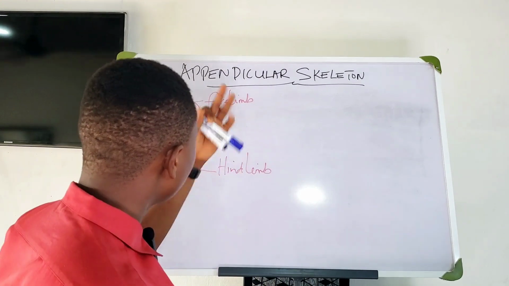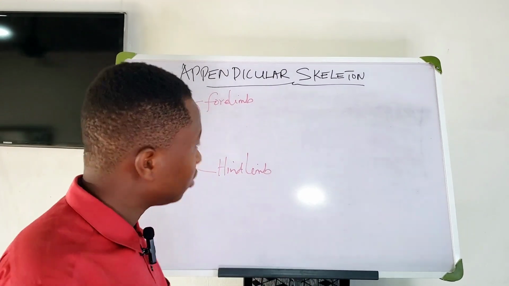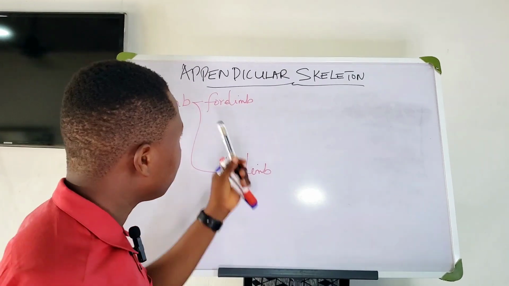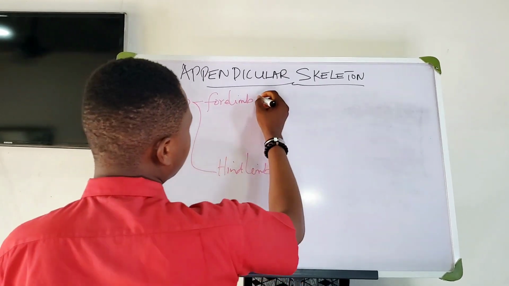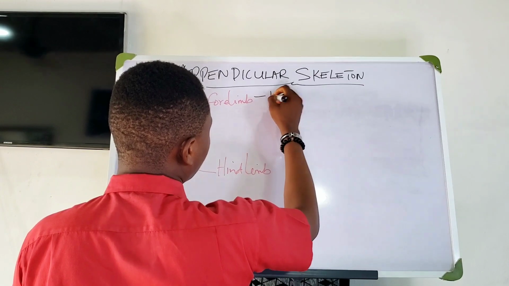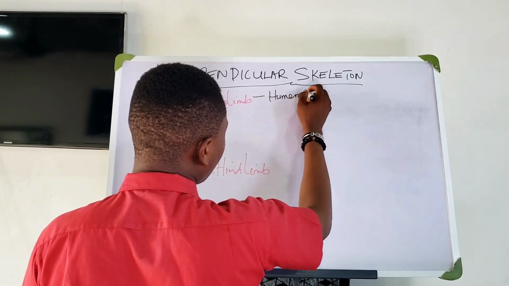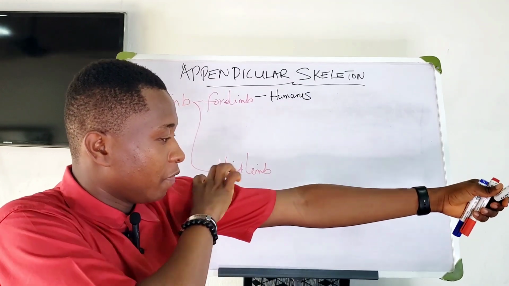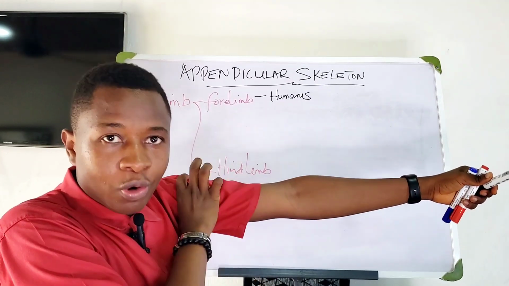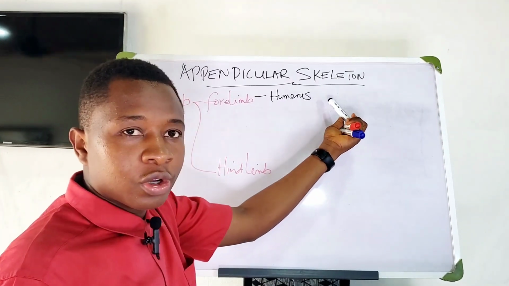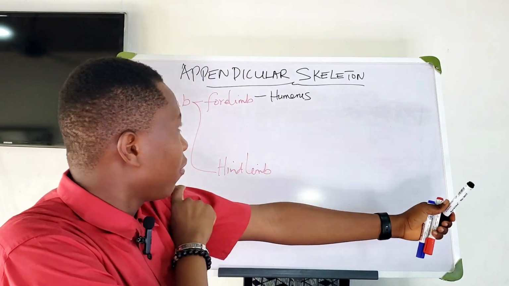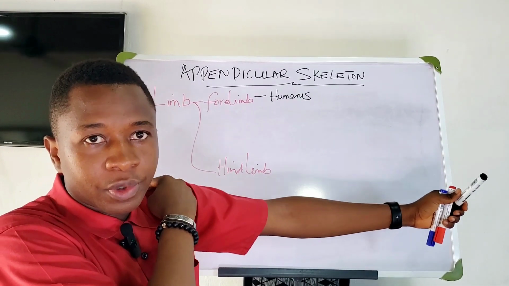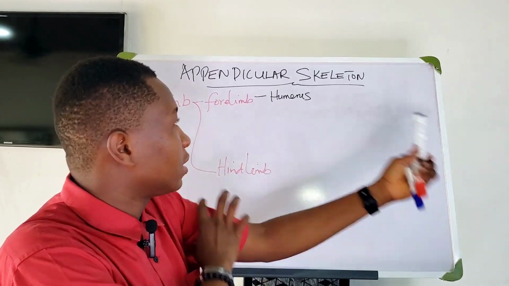So let's look at the forelimb in detail now. The first bone that makes up the forelimb is known as the humerus. This bone here is known as the humerus.